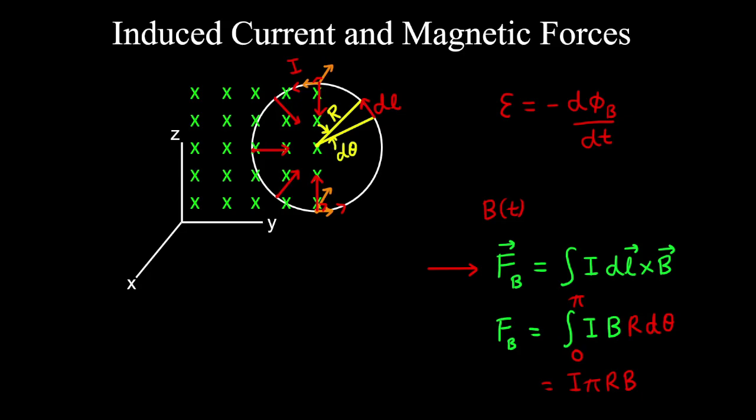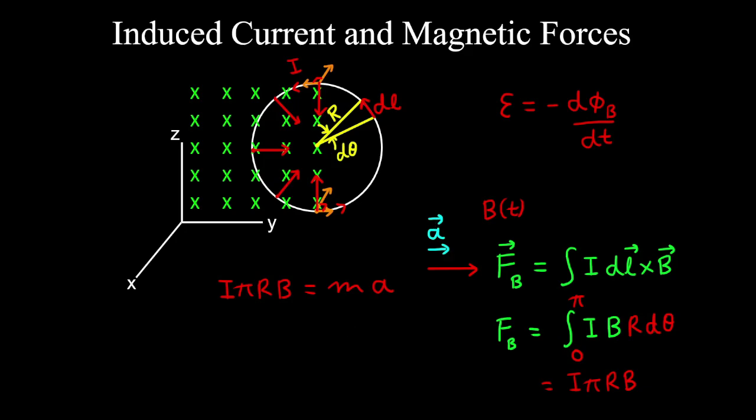So we can apply Newton's second law to a conducting loop moving in a magnetic field as it experiences an induced electromotive force. So what we have is a magnitude of the magnetic force is equal to the mass of the loop by the acceleration. And the acceleration points in the direction of the net force.